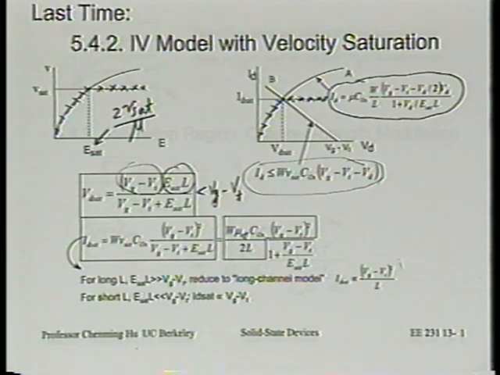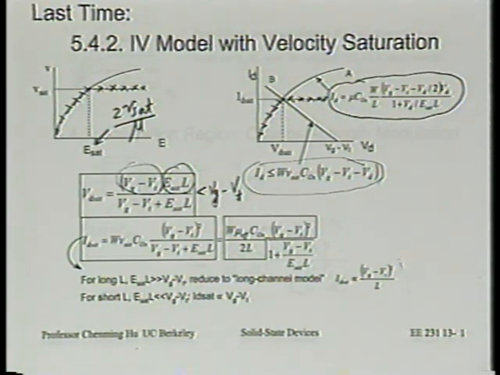And for the very short channel case, ID set is just proportional to Vg minus Vt to the first power, and is insensitive to L. Now that's the extreme case. The in-between case, of course, is still a function of L.